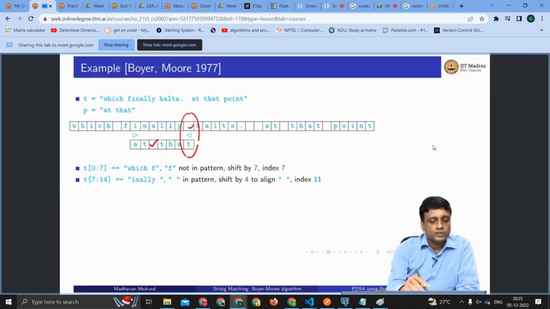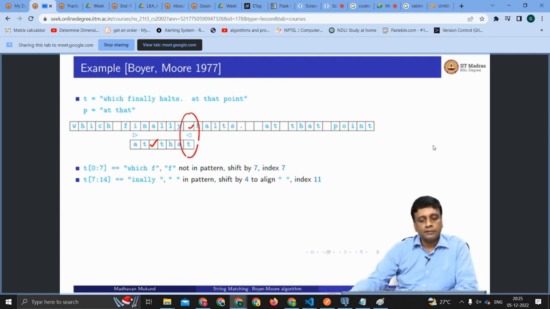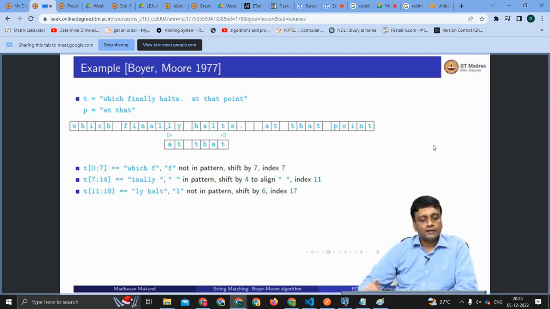If I add 4 to this, I come to this point, so I align by shifting by 4. Now I align "ly HALT" with "at that". So this is my next thing.